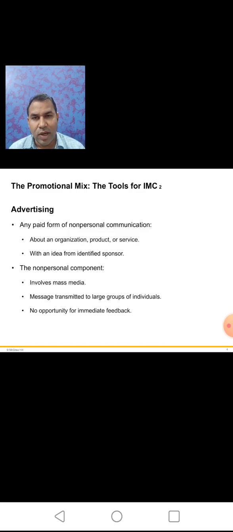Whenever advertisement comes, the basic definition is that it is non-personal communication paid by an identified sponsor. It may be about an organization, about the product, about the service, or about an idea, and it should be from an identified sponsor. It is non-personal, involves mass media, messages transmitted to a large group of individuals, and no opportunity for immediate feedback.